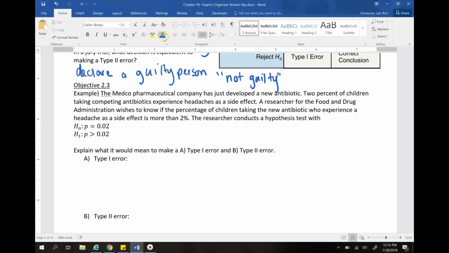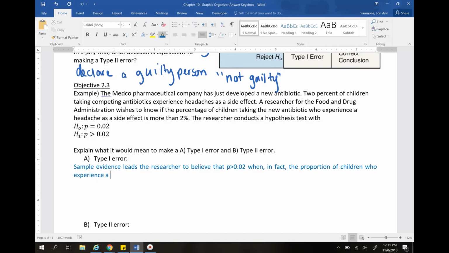So for the first one, type 1 error, the sample evidence leads the researcher to believe that the proportion is greater than 0.02 when, in fact, the proportion of children who experience a headache is not greater than 0.02.